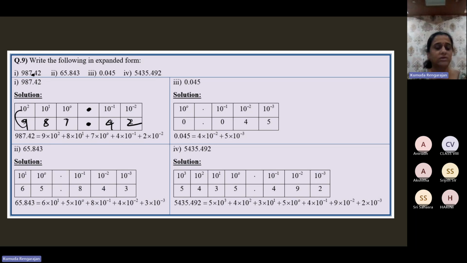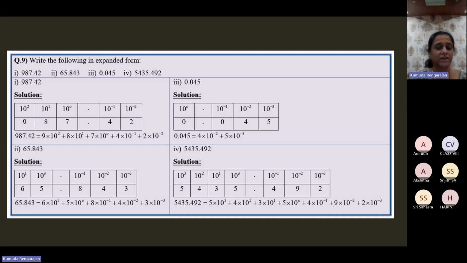So what will be the expanded form? 9 into 10 to the power 2 plus 8 into 10 to the power 1 plus 7 into 10 to the power 0 plus 4 into 10 to the power minus 1 plus 2 into 10 to the power minus 2. Multiply the digit with the respective place value.